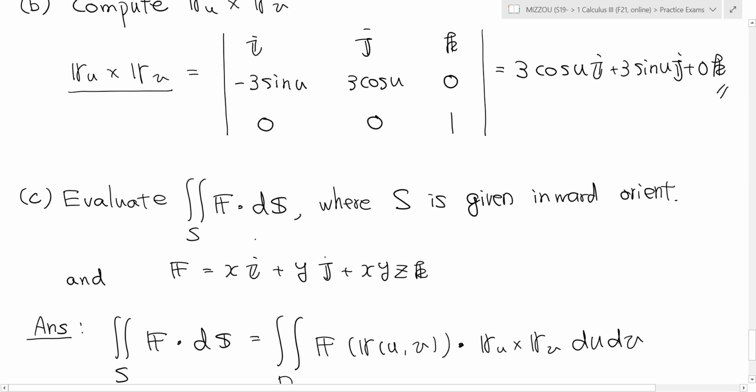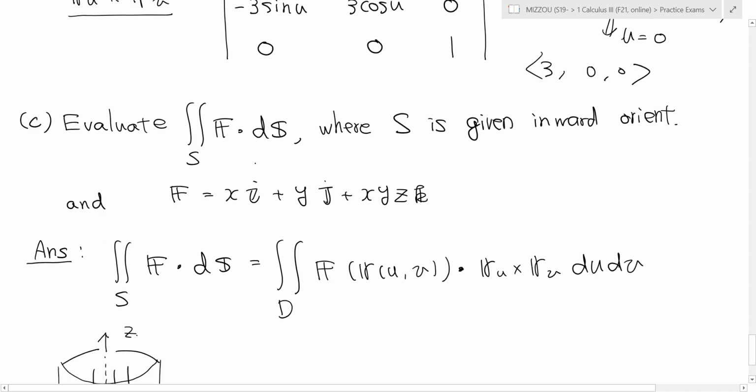For example, let's pick u equal to 0, and z or v equal to 0, but it's independent of v. If u is equal to 0, this vector gives you 3, 0, 0.